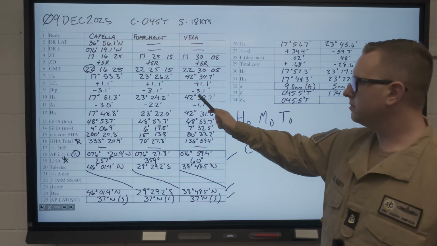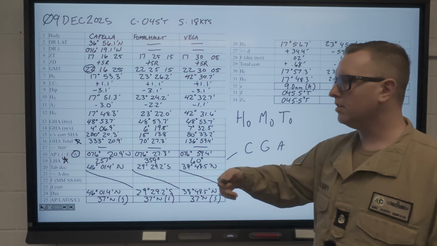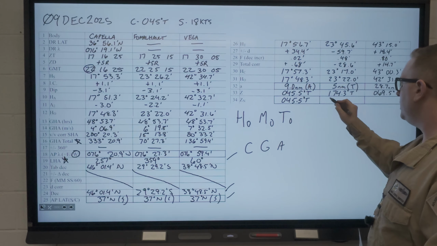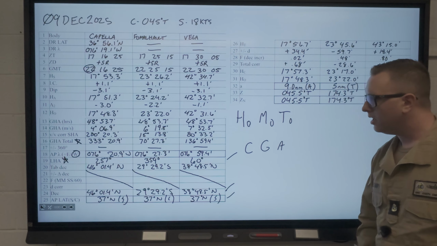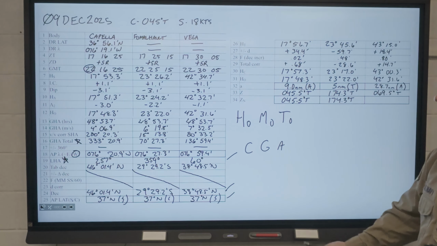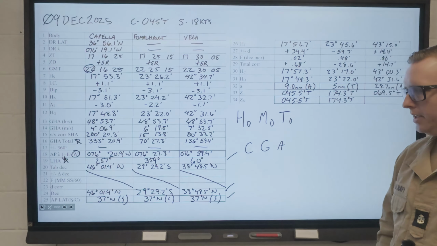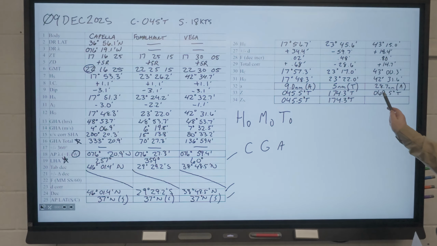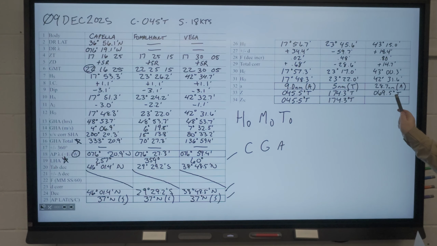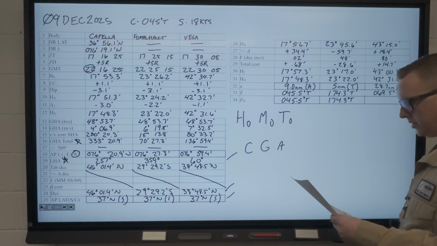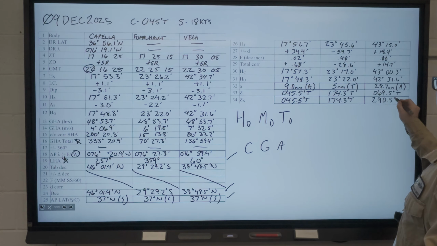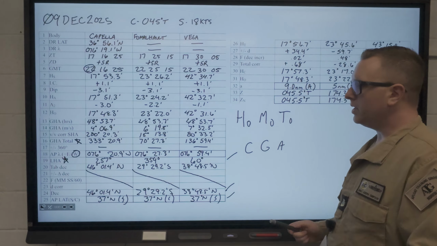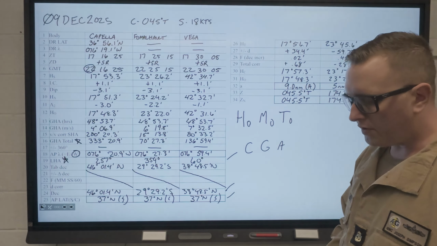For Fomalhaut, our LHA is 354, above 180, Z equals Zn. And then we got Vega, which our LHA is less than 180. We'll take 360 minus 069.5 degrees true, and that answer will equal Zn. And the answer we got was 290.5 degrees true.